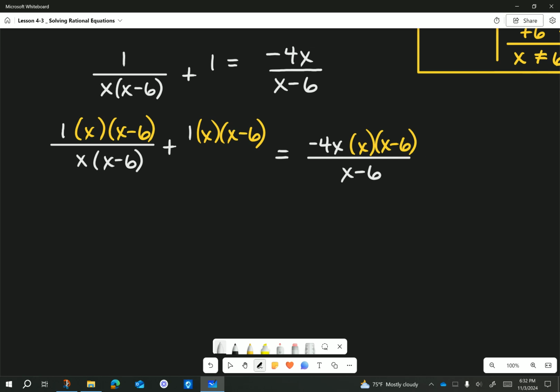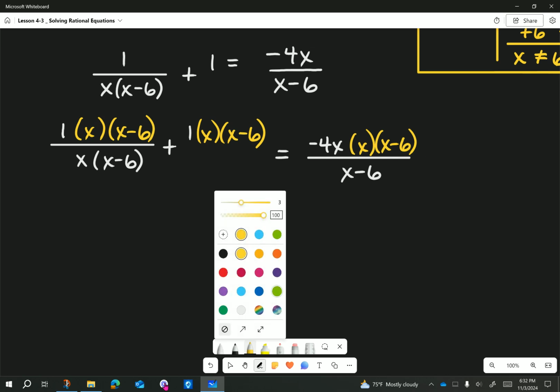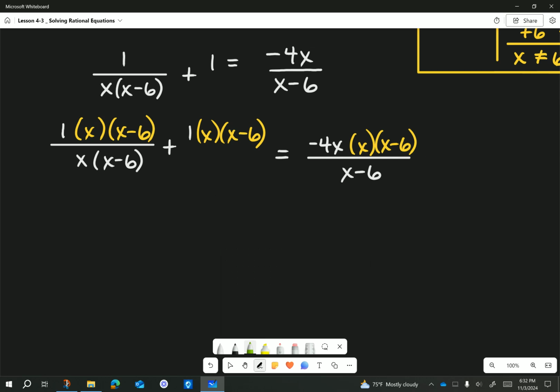So what's written in white is the original problem, and what's written in yellow is me doing step number 3 of multiplying each term's numerator by the LCD. And once you multiply by the LCD, you are going to look for the opportunities to cancel like factors. So in this case, these x divided by x, x minus 6 divided by x minus 6, x minus 6 divided by x minus 6, all of those reduce to 1.